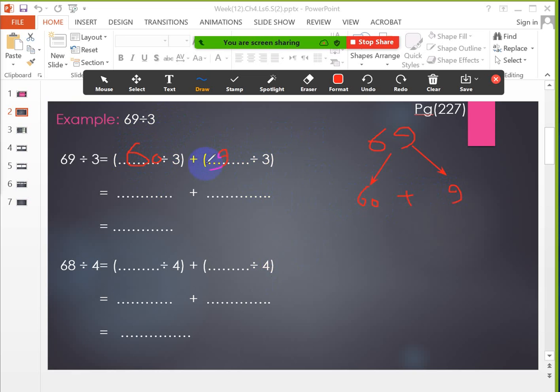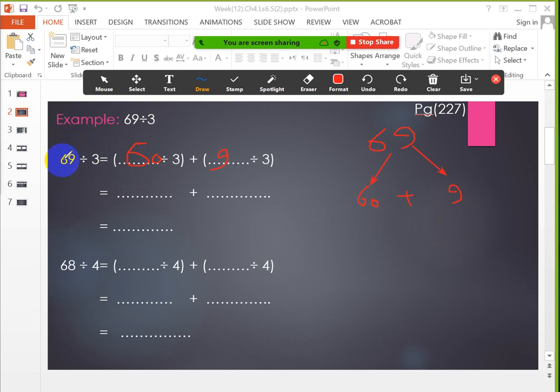So I will choose two numbers, those two numbers able to divide by the divisor 3, and the addition of these two numbers is 69. I will take each one and divide it by 3 and put this division between parentheses.